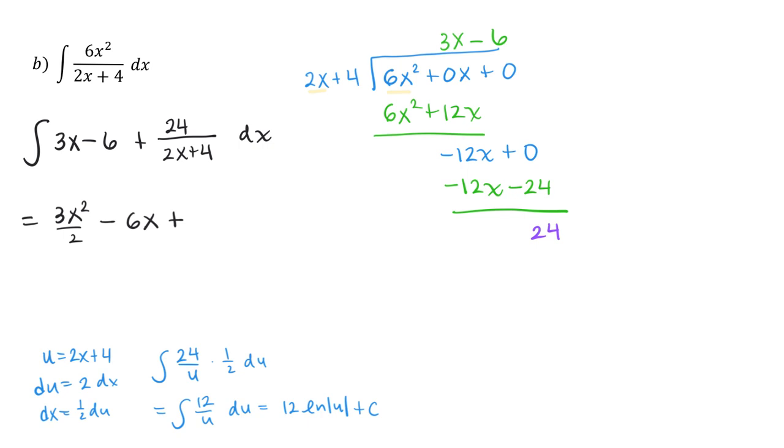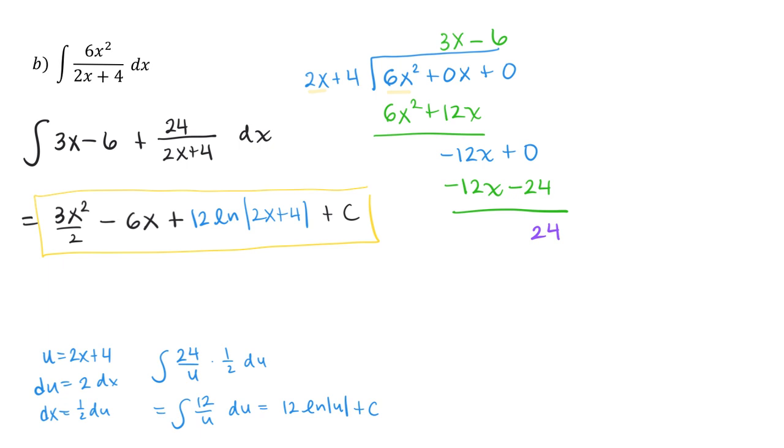So this is going to be plus 12 times the natural log of 2x plus 4, and then I'm going to remember to put my constant, which is the c. Okay, now the u substitution, I'm just using it to help me get this antiderivative.